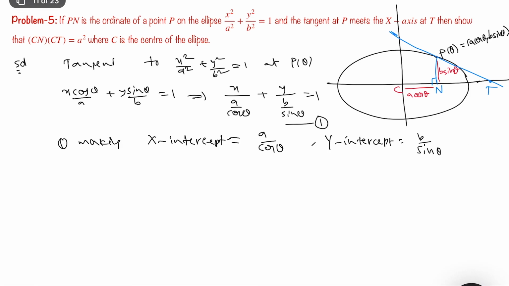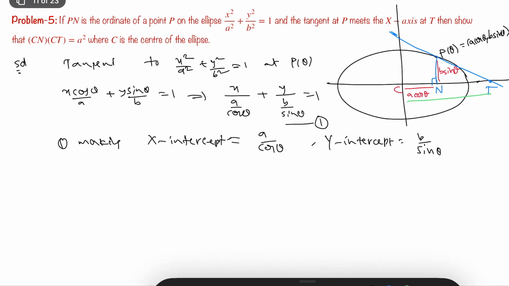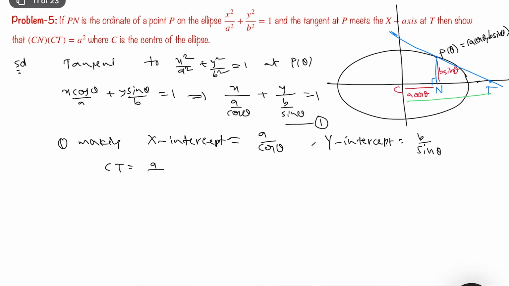Here this CT will be exactly equal to the x-intercept of this tangent. So CT equal to a by cos theta, and CN equal to what? That will be the abscissa of this point P, that is a cos theta.